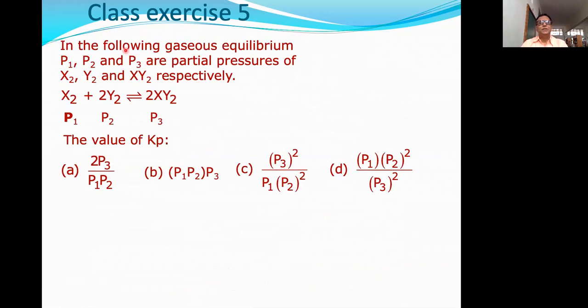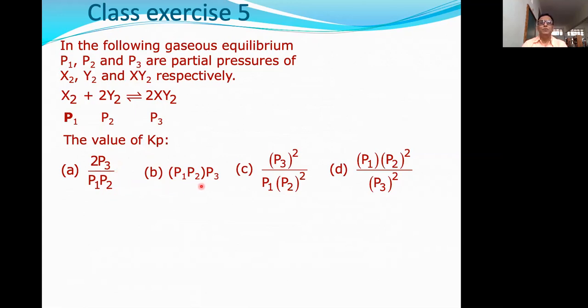Number 5. In the following gaseous equilibrium, P1, P2 and P3 are partial pressures of X2, Y2 and XY2 respectively. X2 plus twice Y2 gives twice XY2. Here P1, P2 and P3. The value of Kp is: A 2P3 upon P1, P2.